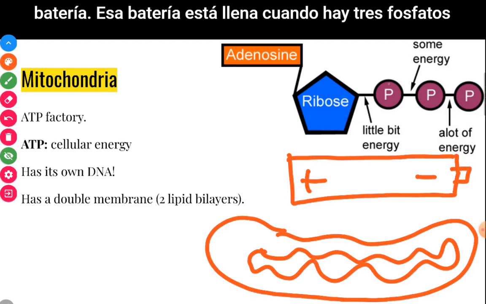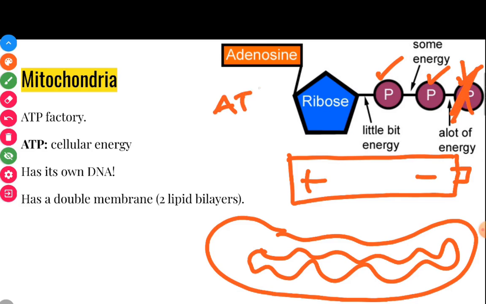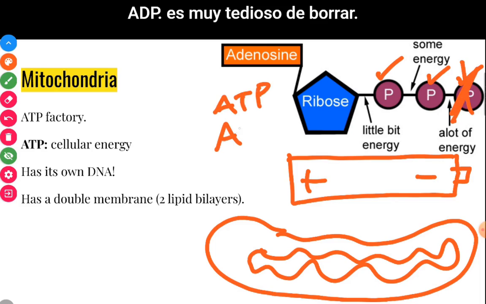That battery is full when there are 3 phosphates on ATP. When it is not full, we call this instead ADP. It's very tedious to erase.